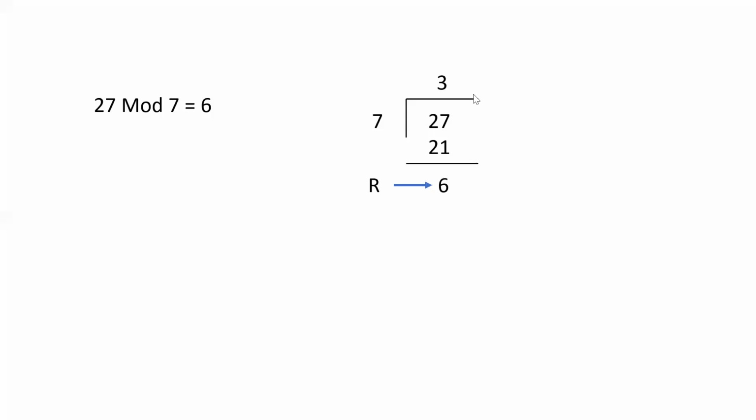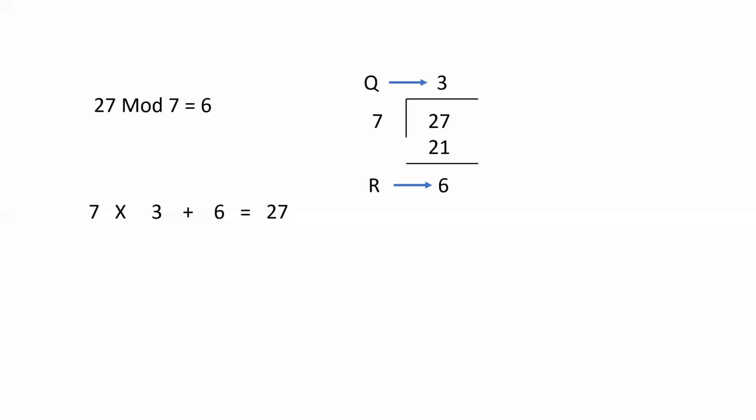Okay, so when you find the mod, you will be getting the remainder. Now, the next thing you have to understand is how to get back the number 27 from this remainder and the divisor. From this division operation, you know that 3 is the quotient and 6 is the remainder.